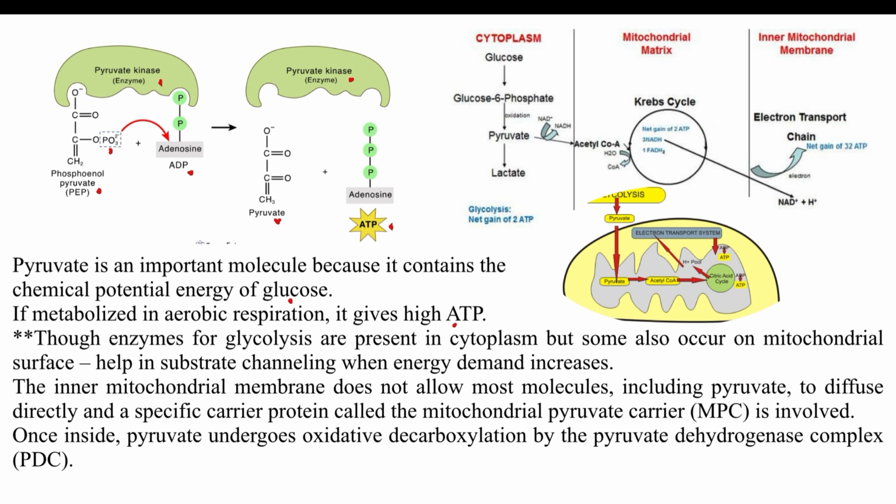So this compound gives its phosphate group to ADP, and ADP now has one more phosphorus group, and therefore it becomes ATP. This is substrate level phosphorylation, very different from phosphorylation, which occurs through electron transport chain.